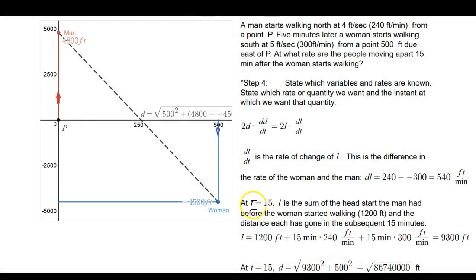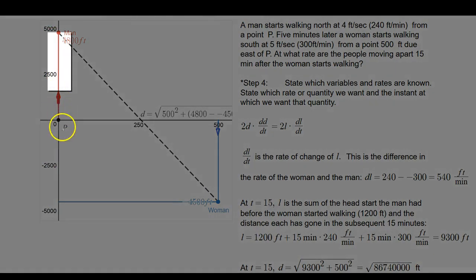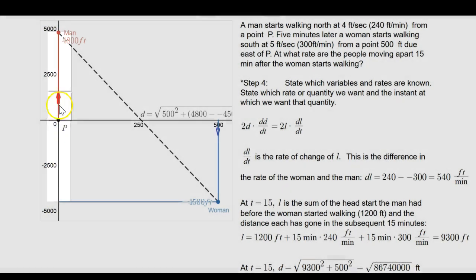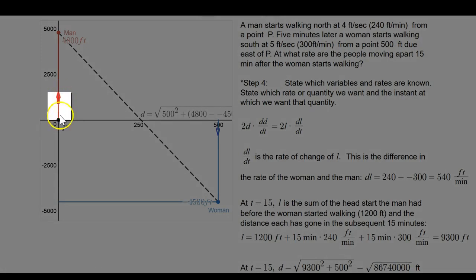And then at t equals 15, which is the time that we're interested in, side L is going to be given by the distance that the man has walked from the t equals 0 time and the distance the woman has walked from t equals 0 plus this 1,200 foot head start that he had. So that gives us 9,300 feet.